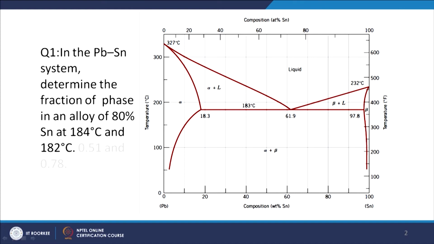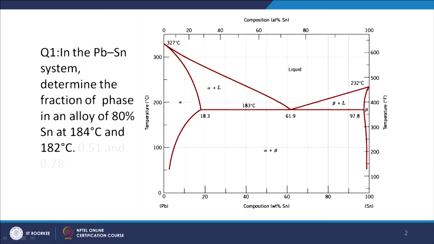So, in one case you are getting beta plus liquid, and in another case you are getting beta plus alpha. You have to find the fraction of phase beta in the alloy, so we are going to calculate the fraction of phase beta.